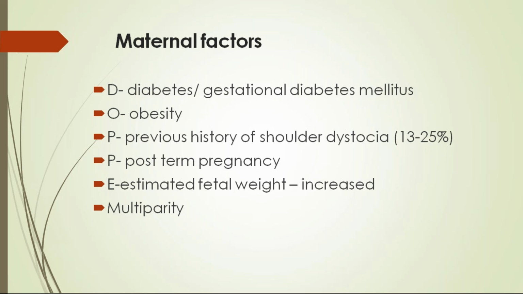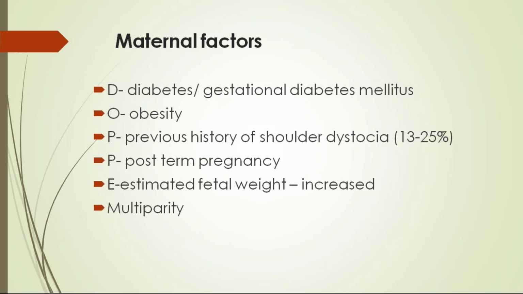In some families, there will be constitutional macrosomia, though the mother is very thin. In those cases, we'll get continuous recurrence of shoulder dystocia.